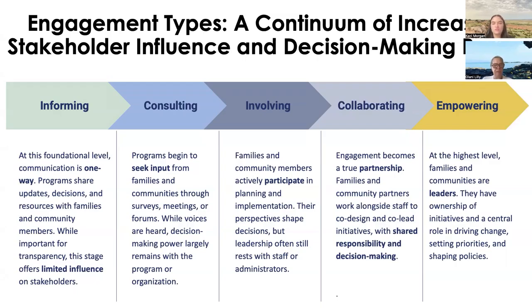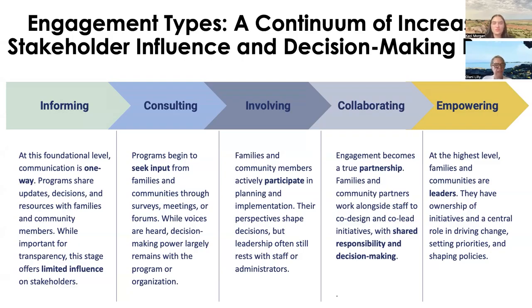This continuum represents increasing levels of stakeholder influence, voice, and shared decision making. As we move from left to right, families and communities have more ownership, leadership, and power in shaping programs, policies, and outcomes. Let's just take a moment to walk through these different stages of the continuum.